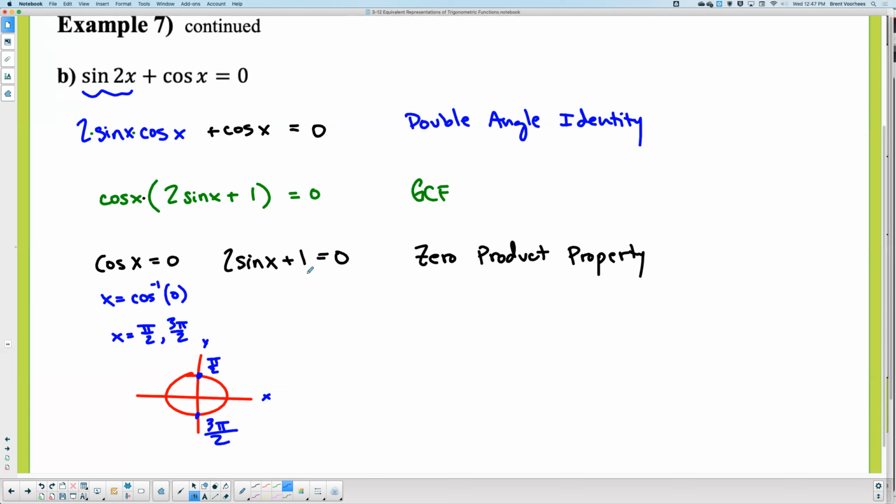Now I'm going to solve this one using a little algebra. What would I do first to the 1? You'd subtract 1 and then you would divide by 2. Again, now I'm looking for where sine is negative 1/2. You could do your inverse if you wanted to.